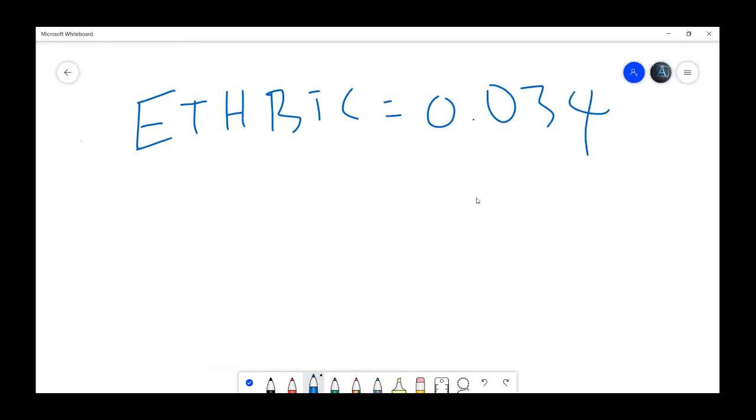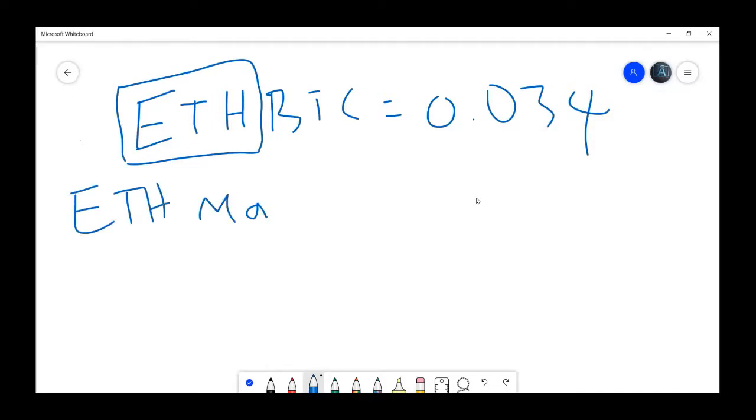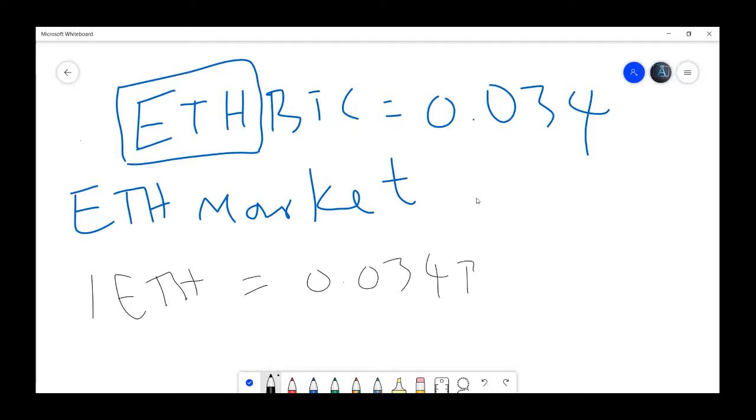Now, Justice, we are on Ethereum market. This is Ethereum market. This is not BTC market. You are in Ethereum market. Okay. So what this is telling you is that one Ethereum is equal to 0.034 Bitcoin.